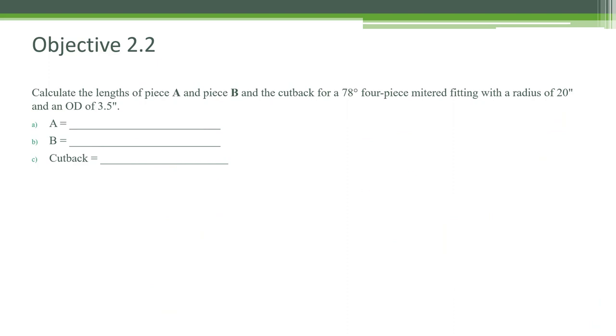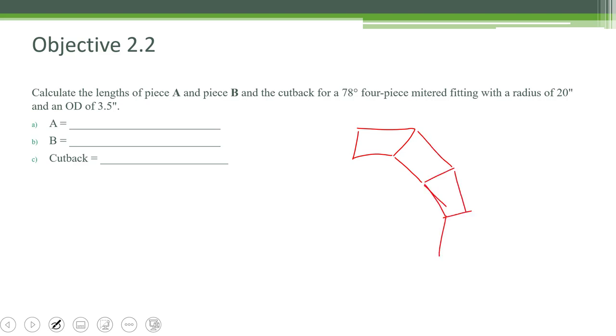Okay, objective 2.2 or question 2. So it looks like it's a 4-piecer. I'll try to draw this out as best I can. Okay, there's my 4-piece.